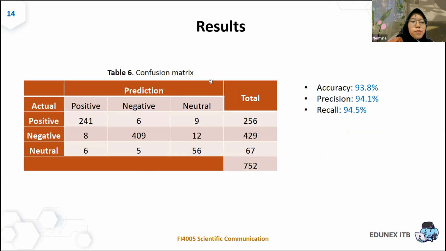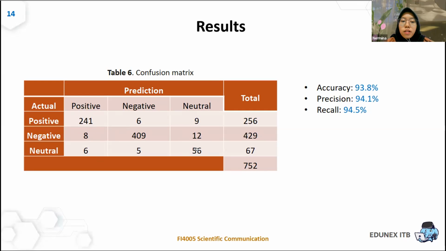The result of positive predictive data, which are included in the positive category, is 241, with 6 being false positive and 9 being neutral. And the negative category is 409 being in the negative category, with 8 being false negative, and the remaining 12 being neutral.